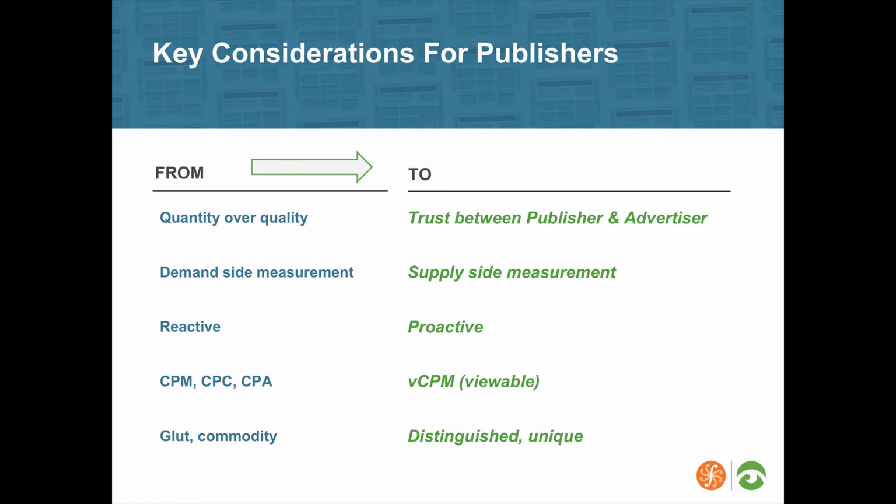We'll likely move to a world where media is priced not by the traditional CPM, CPC, or CPA, but by VCPM, or viewable CPM. And finally, we see viewability as a way for publishers to distinguish themselves, creating unique and valuable advertising opportunities, and thereby attracting more ad dollars. These are a few things for publishers to think about as they develop their unique approach to mobile viewability. Next slide, please.